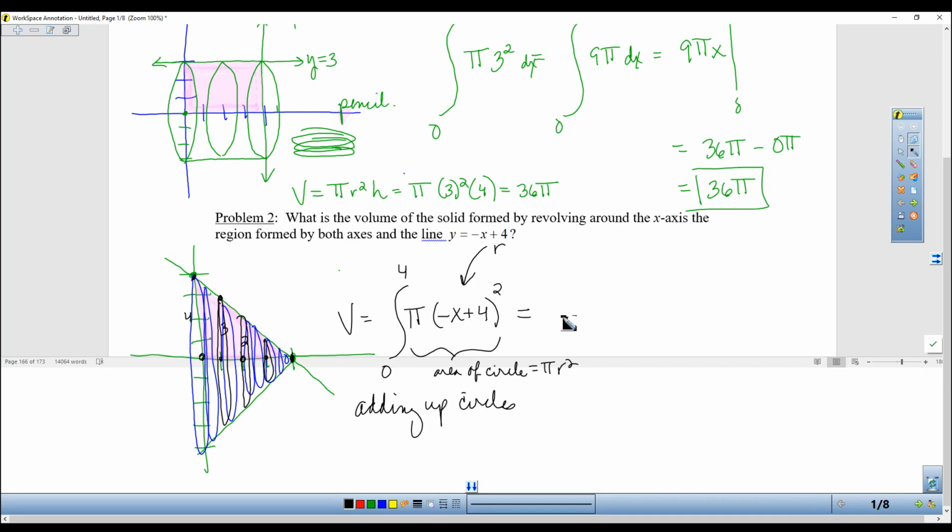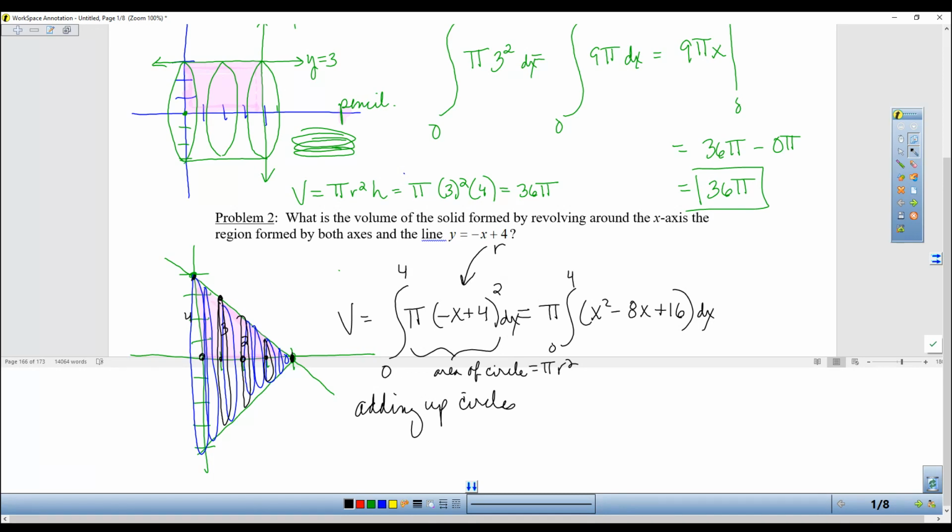So now I can do this integral. I can take the pi out, and you could use u substitution, but I'm probably just going to expand it to be x squared minus 8x plus 16. And I'm going to put a little dx there.